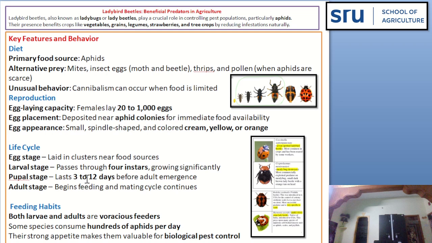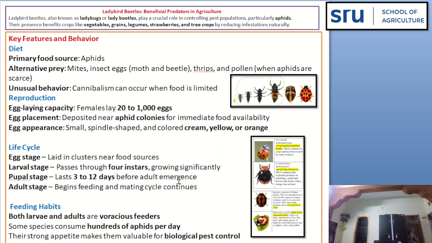The pupal stage lasts for 3 to 12 days, and the adult stage comes after the pupal stage and begins feeding and mating cycles. That means it feeds, mates and reproduces.